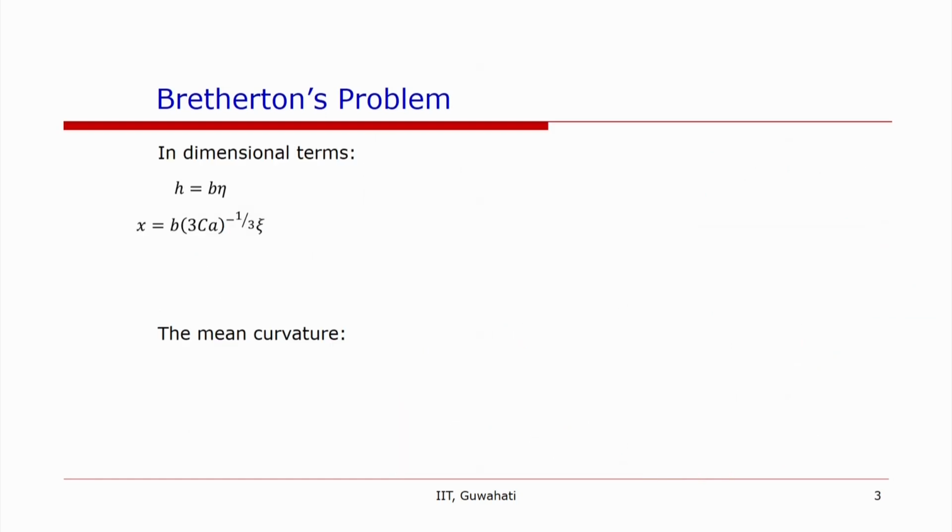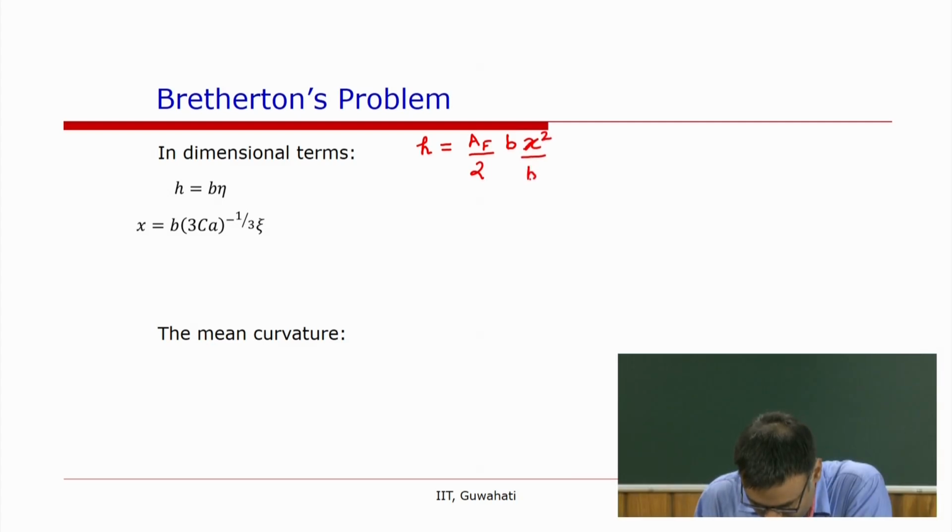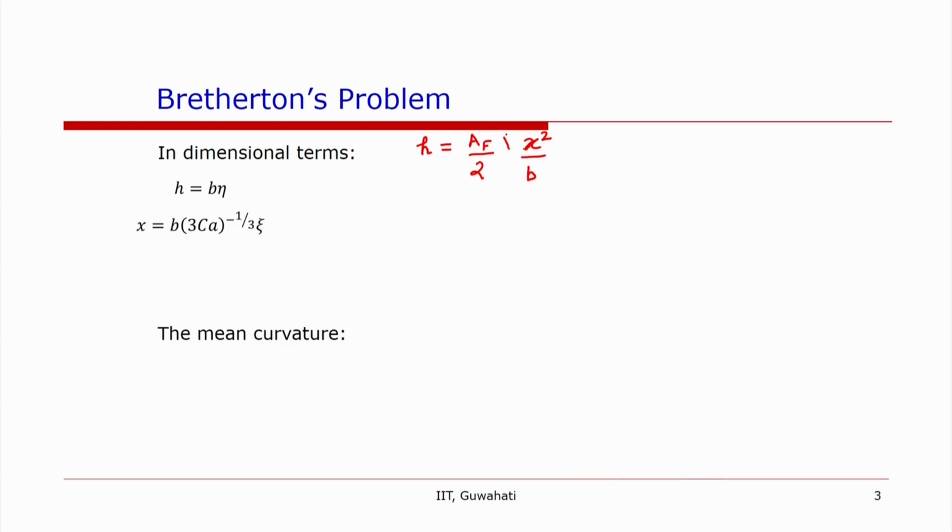If we write this in dimensional terms, we can write the equation that we have just integrated as h equal to AF by 2 times b multiplied by psi square. Psi square is x square over b square, so this we can write as x square over b, and this b will go away.